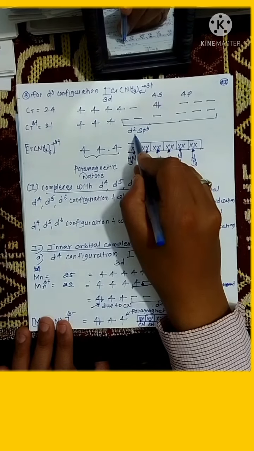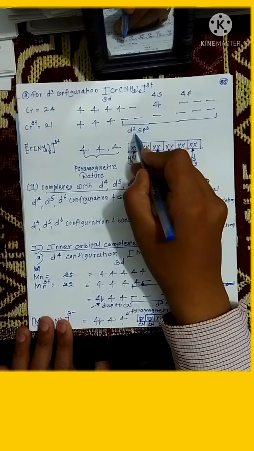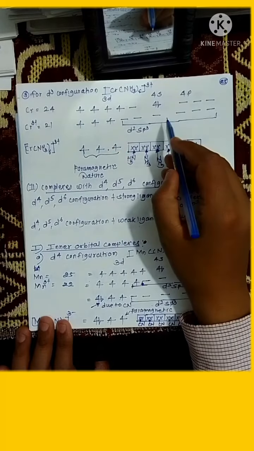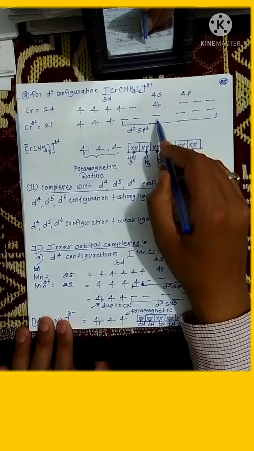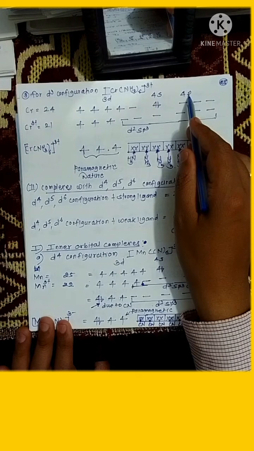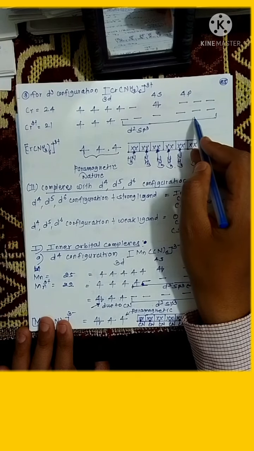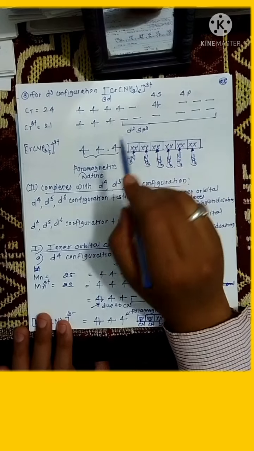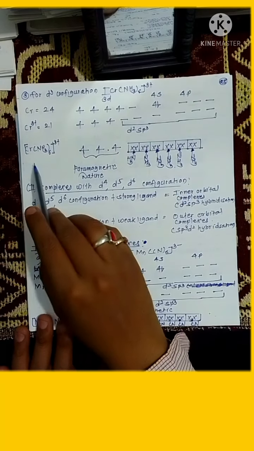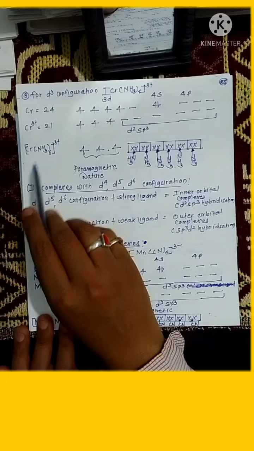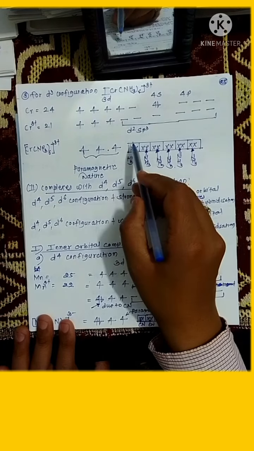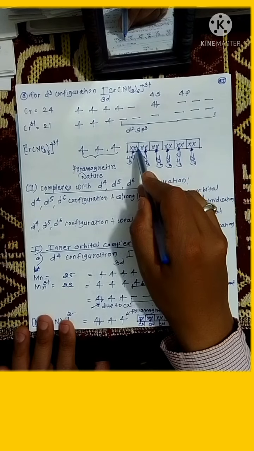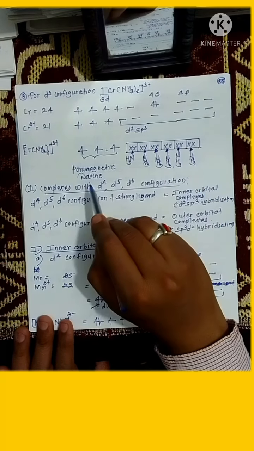So in this case also, 2 orbitals from the 3d shell, 1 4s orbital and 3 4p orbitals undergo hybridization to give d2sp3 hybridization. So basically we got 6 orbitals which are equivalent in energy.